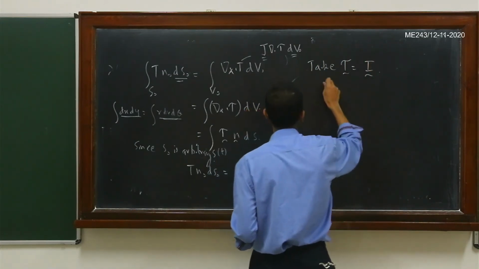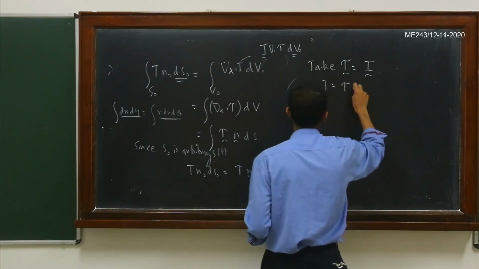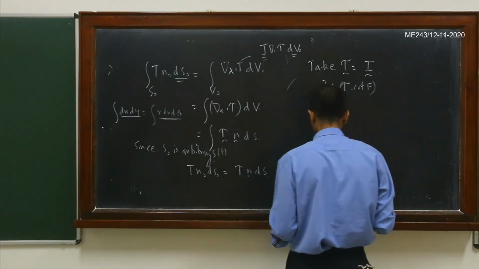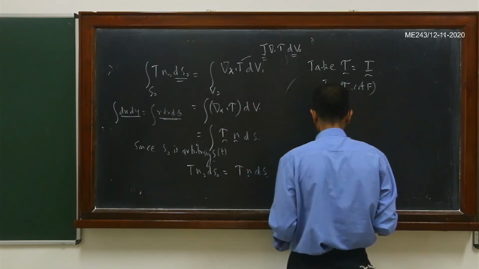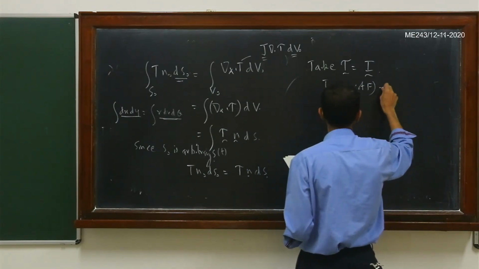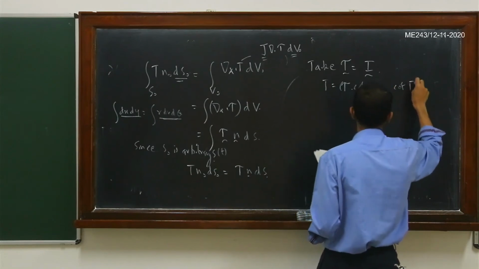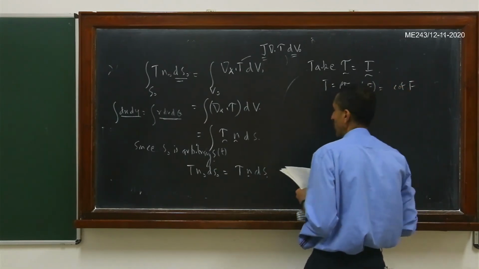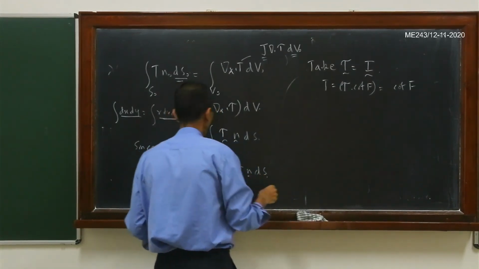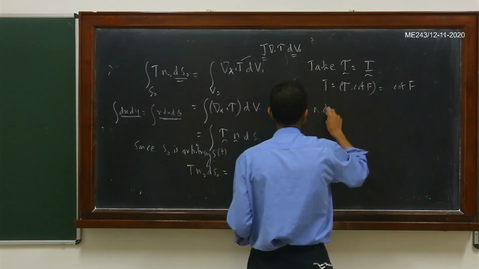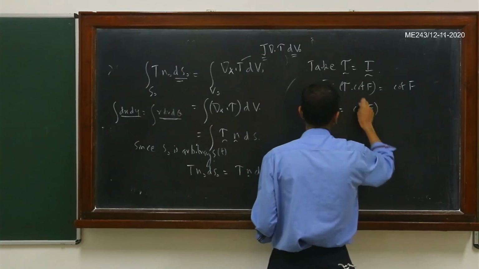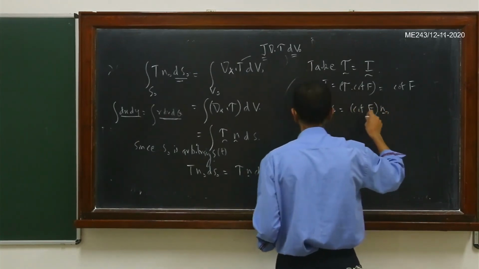We have seen that T is equal to tau times cofactor of F. So what you will get here is that T will be equal to cofactor of F. Because tau is identity, you will get that n times dS is equal to cofactor of F times n0 times dS0.